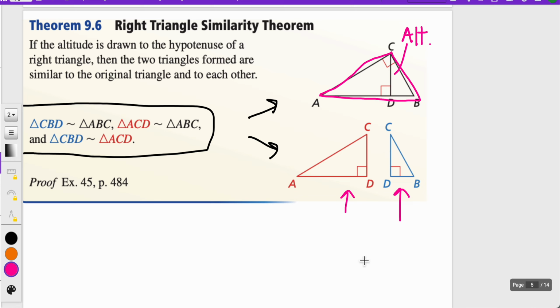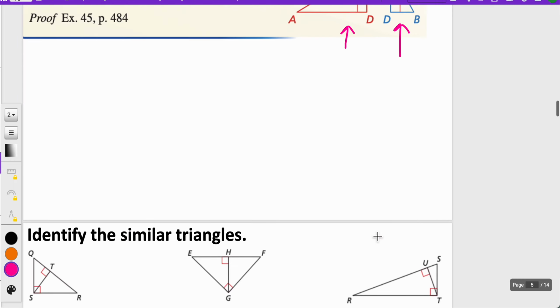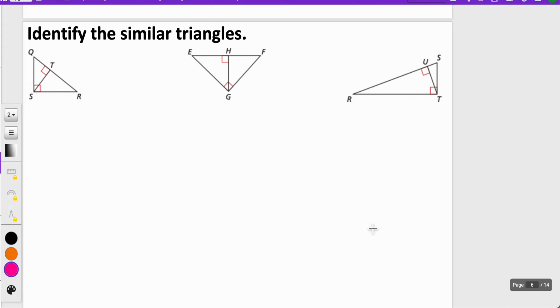And then what we're going to do now is break it up and identify some similar triangles. So each one of these, we're going to be able to identify three triangles that are similar. So the first thing we want to do is identify the larger triangle. So the larger triangle is QRS, and that is going to be similar to triangle QST.